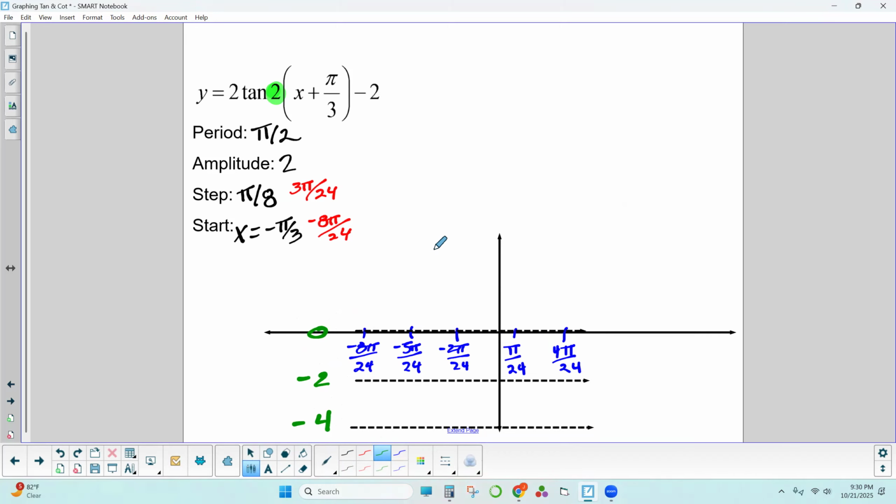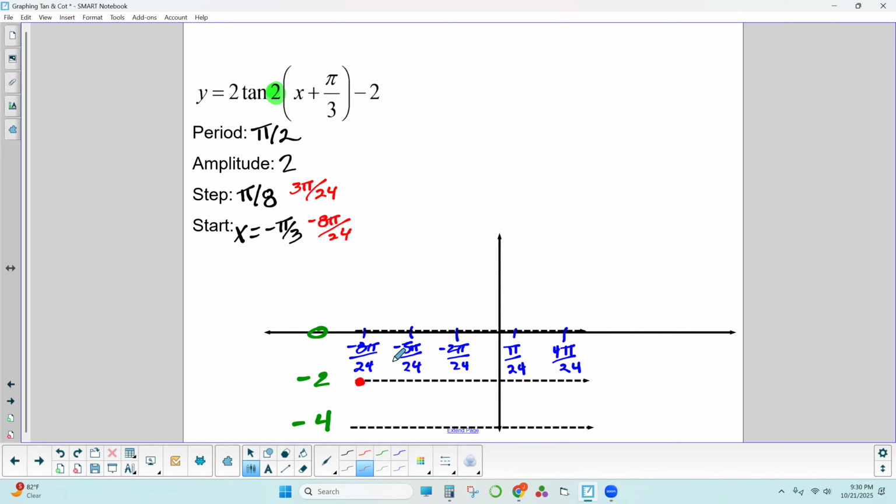All right. So we're graphing tangent, and tangent starts on the midline. So that is going to be right here at our start, negative 8 pi over 24. And then you want to recognize the pattern of the parent function. That's one thing you want to study before you start transformations here.